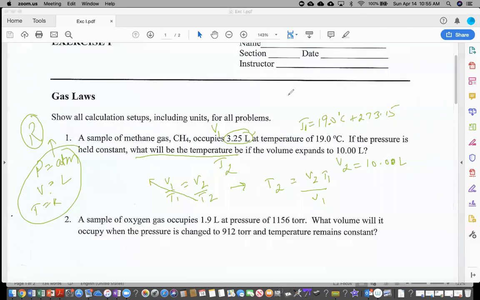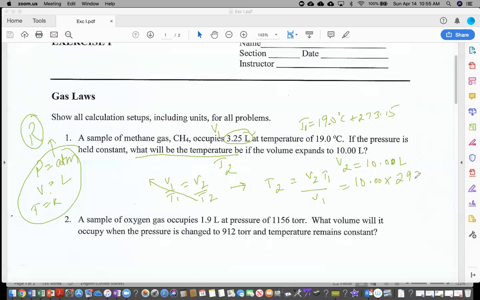Okay, let's see again. I just want to make sure I do this problem before I leave. V2 is 10 liters, right? And then temperature 1 is 19.0, so I add 273.15 to that, which is 292.15.